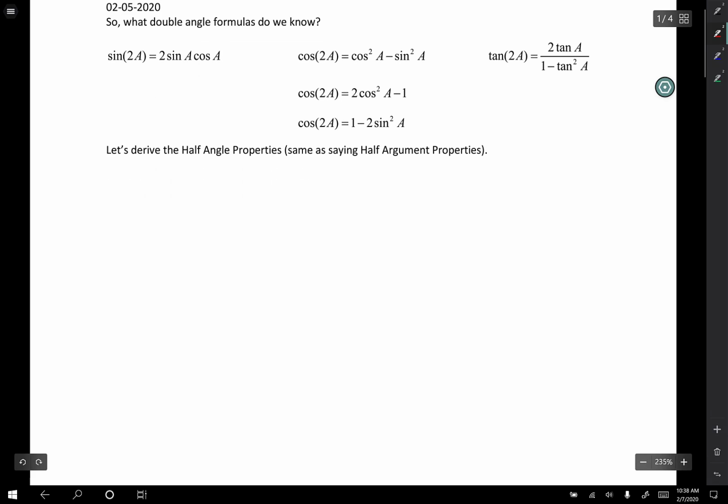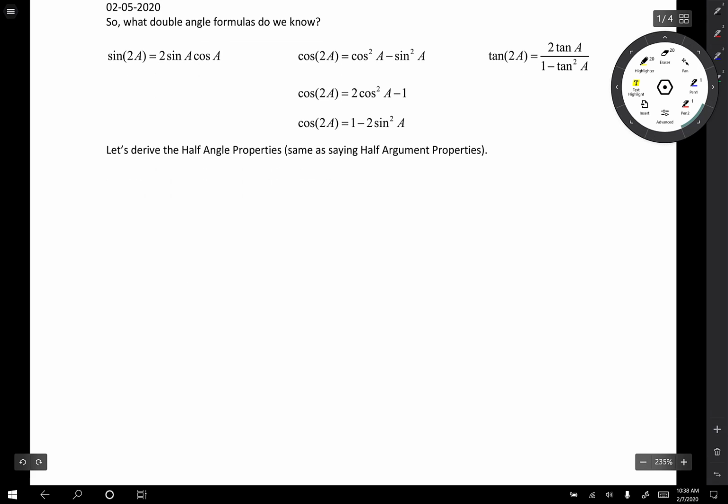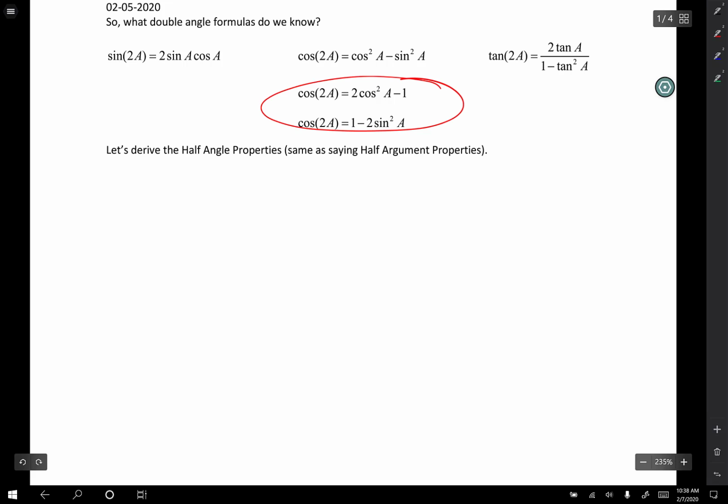Let's start. What we need to focus on in this one is those two. So do you agree that this angle here, the A, is half of 2A? Perfect. If you agree that A is half of 2A, which it is, it's a true statement, we can write this.